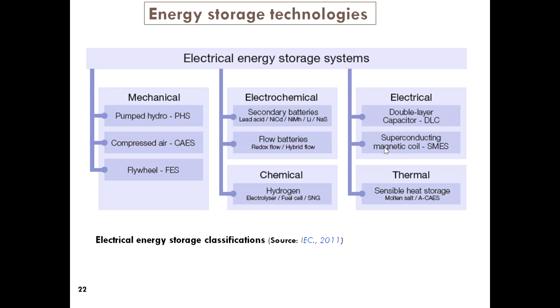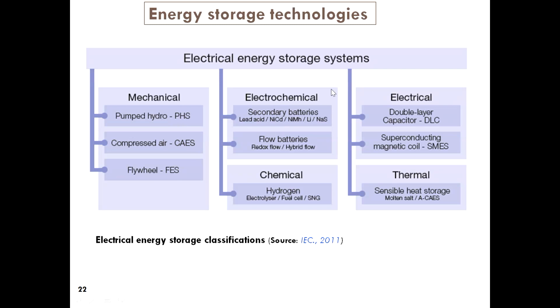Here we can also classify them in terms of the primary form of storage. So we have mechanical energy storage. Examples of these are pumped hydro, flywheel, and compressed air.